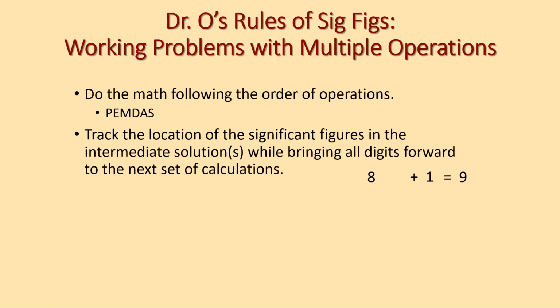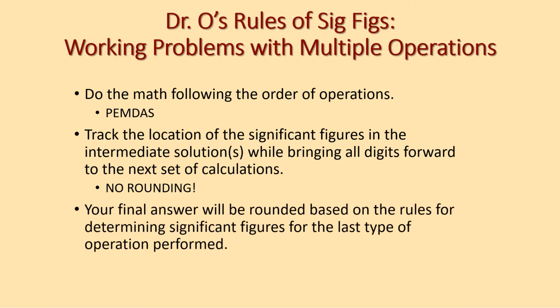Now the product of the multiplication, in this case the 8, is an intermediate solution. And for intermediate solutions, you need to know where the significant figures are, but still bring all of the digits forward to that next part of the calculation. It's important not to round your intermediate solutions at any point. You have to hang on to all of those digits. So you have to track significant figures and make sure you bring them all forward.